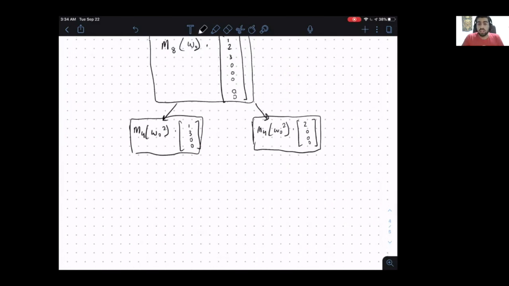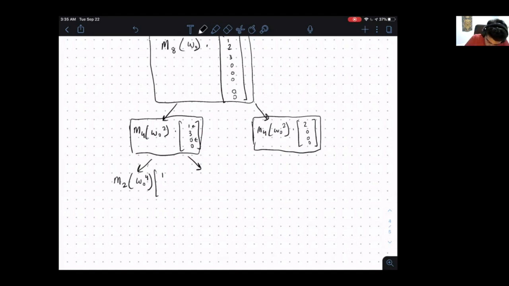Well, why not break this down even further? And we can, because FFT is this recursive algorithm that relies on these subproblems to build up the original problem. So let's break this down even more. Let's take it to its logical conclusion. So this is going to look like M2 of omega naught to the fourth, and in the left subproblem, we'll always take the even coefficients. So this is going to be 1 and 0 because they're the coefficients at indices 0 and 2.